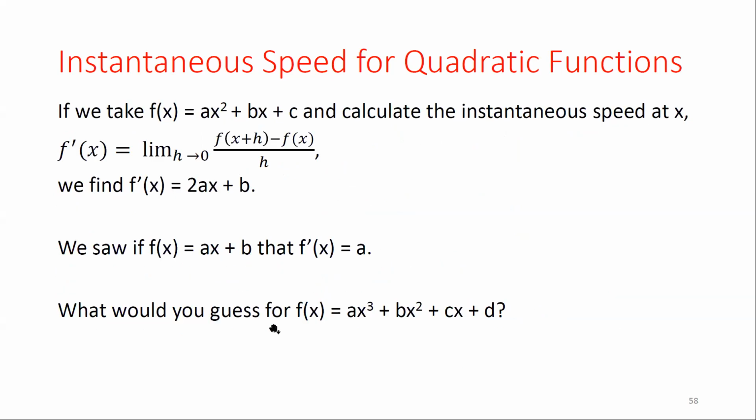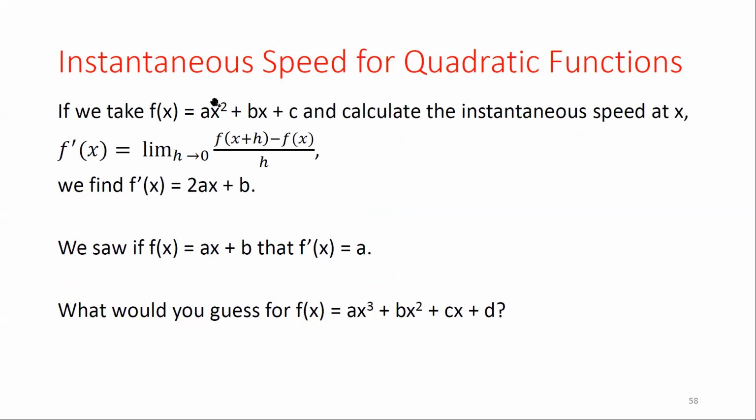And so if we give you a quadratic, we get that f prime is equal to 2ax plus b. So we see if f of x is ax plus b, for linear, then f prime of x is just a. What would you guess for ax cubed plus bx squared plus cx plus d?